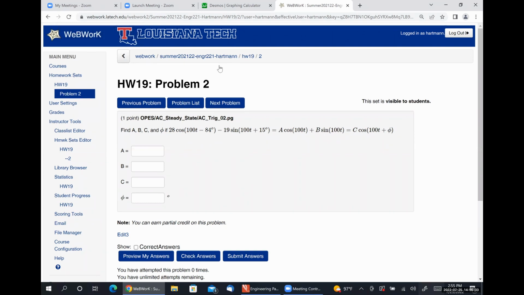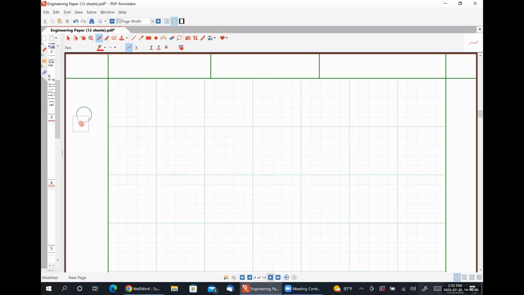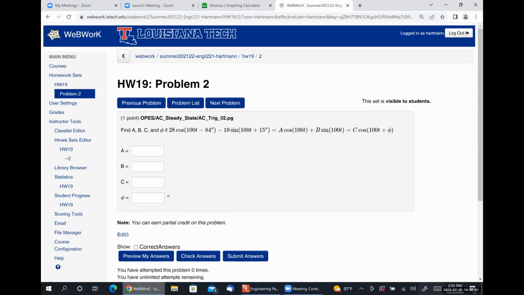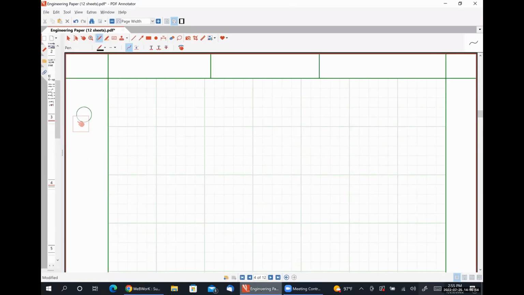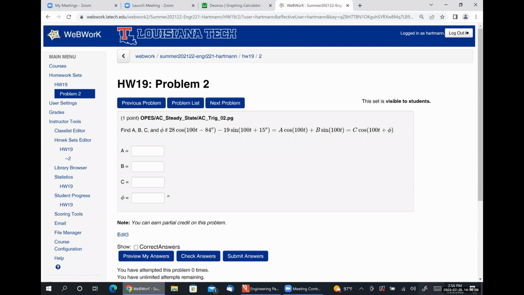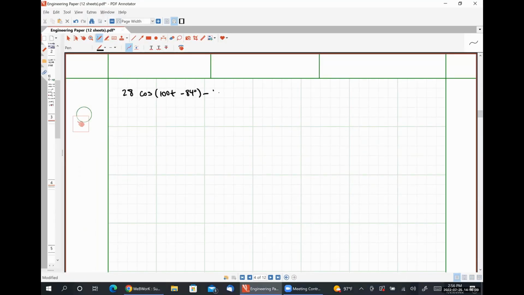I'm going to go back and forth here real quick, copying things down. So we have 28 cosine 100t minus 84 degrees minus 19 sine 100t plus 15 degrees.